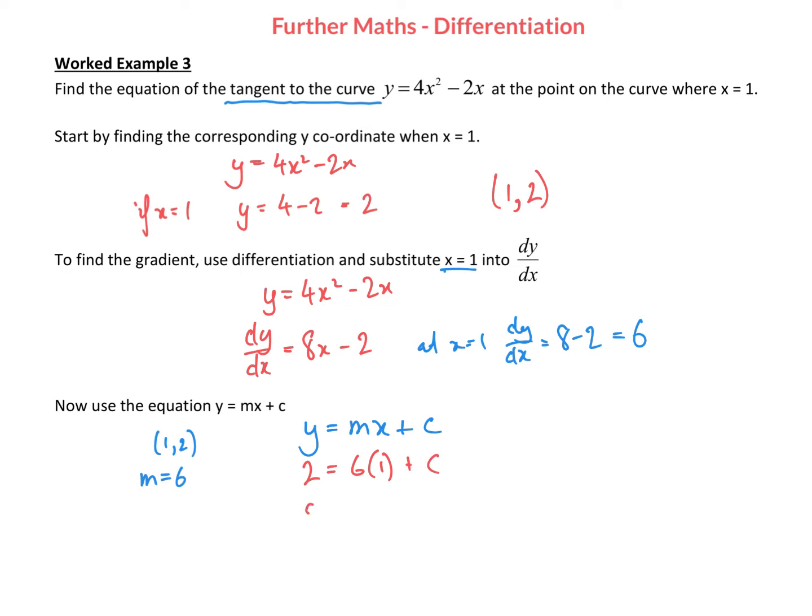And we rearrange that, c is 2 minus 6, so c is negative 4. And so finally, the equation of the line, y equals mx plus c, so y equals, we know the gradient is 6, so y equals 6x, and we now know c is minus 4. So there's the equation of our line.